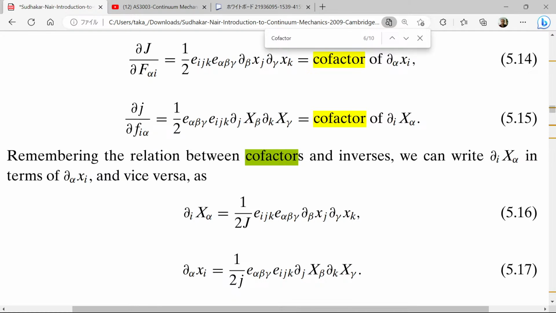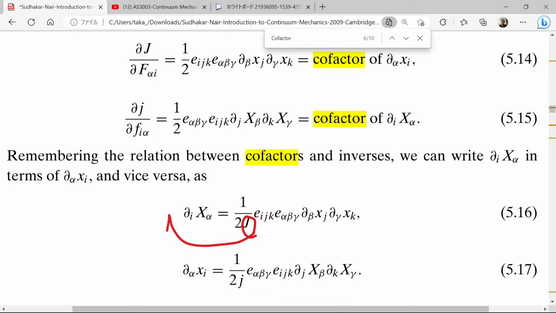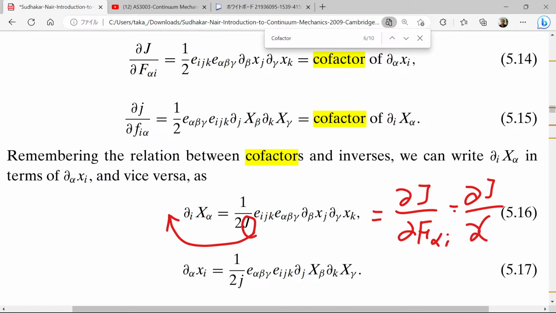epsilon ijk, alpha beta gamma, partial beta j, partial gamma k. So here you put J, you just move this J to here. Then this is partial J over partial x alpha i, and this is partial J over partial alpha small xi.